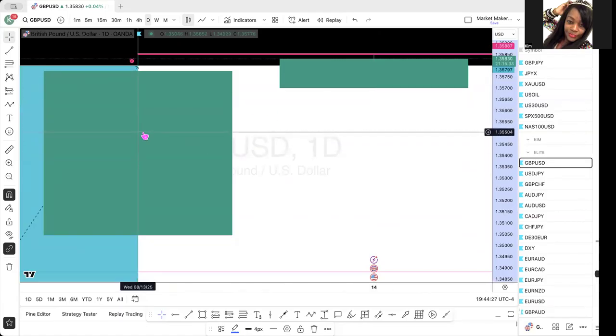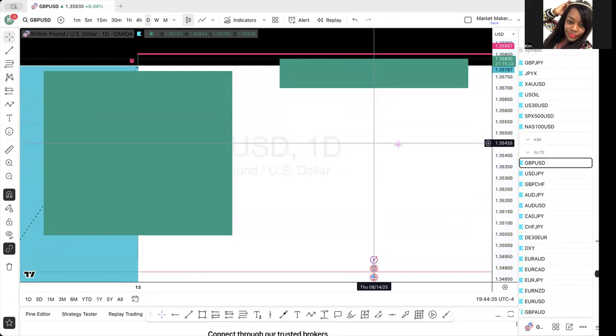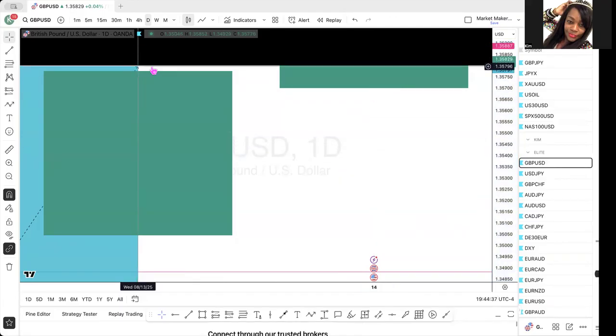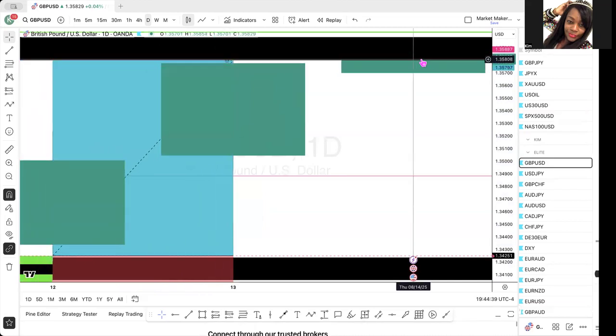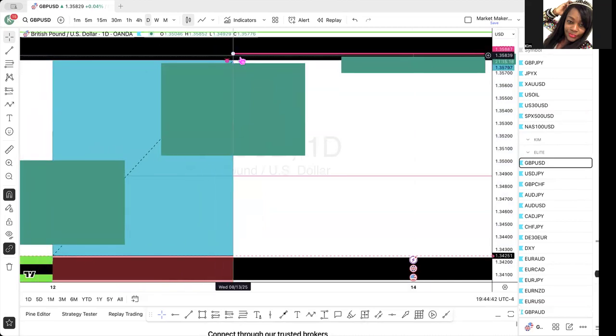The high is 35852, 35854. So Christina was talking about this sweeping this high, and this candle just swept this high. So is it going to sweep and then start selling from my zone?